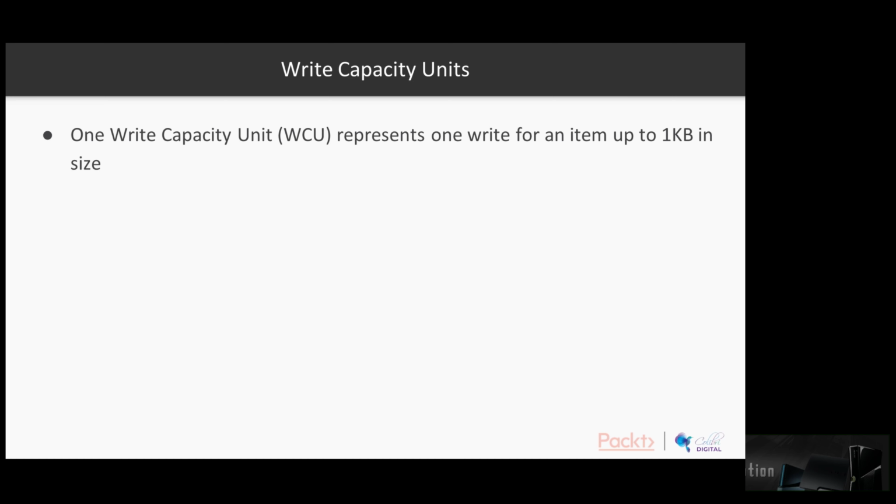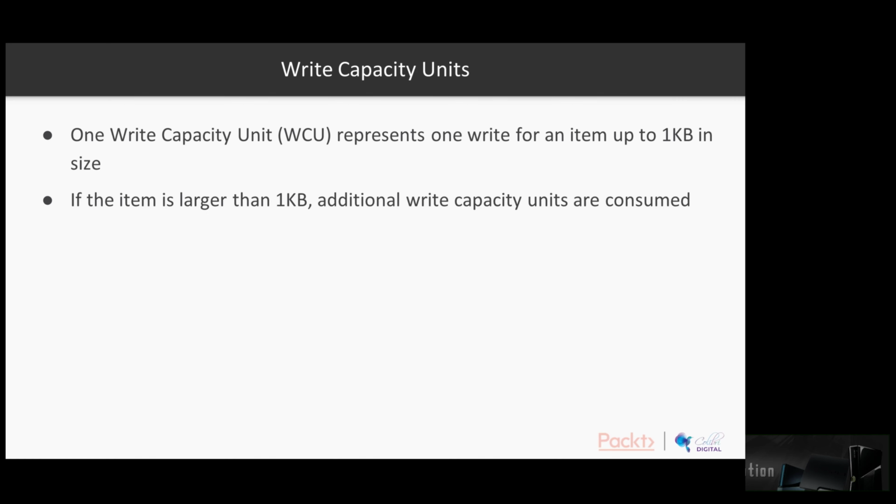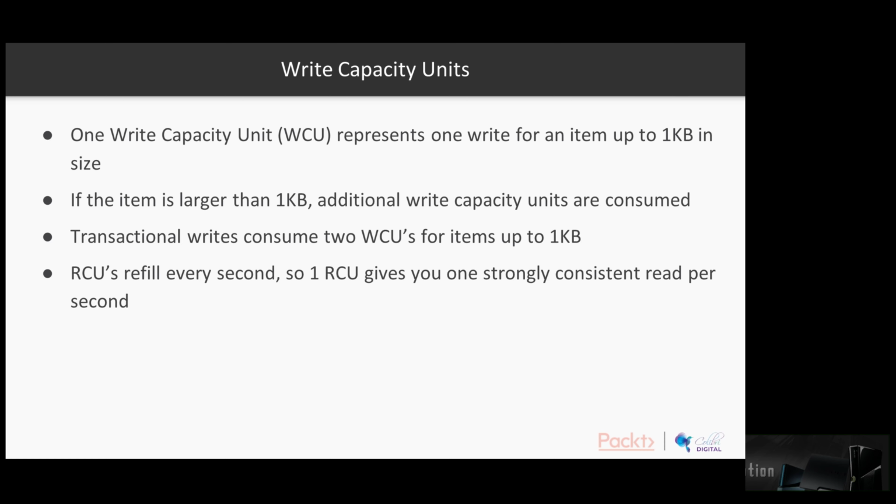Now write capacity units work in a very similar way. One write capacity unit, or WCU, represents one write for an item up to 1 kilobyte in size. If the item is larger than 1 kilobyte, as with RCUs, additional WCUs are consumed. Now transactional writes consume 2 write capacity units for items of up to 1 kilobyte, and again WCUs, as with RCUs, refill every second.